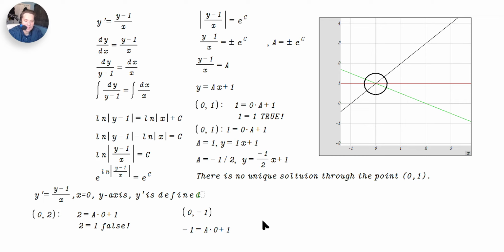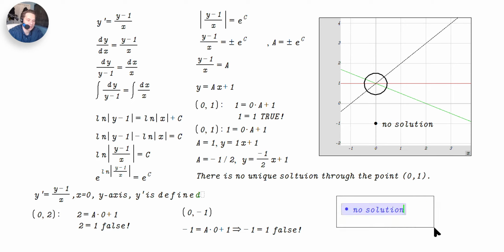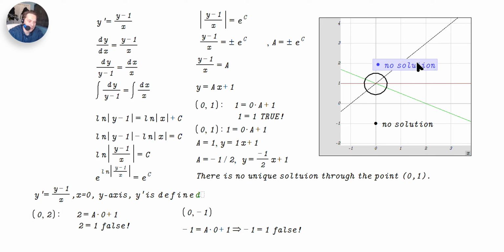Again, this would lead you to conclude that negative 1 equals 1, but this is again false, isn't it? Because of this, that means that through this point, no solution. To the point 0, 2, again, no solution. Let me mark it in the graph right here. 0, 2, again, no solution, you see?